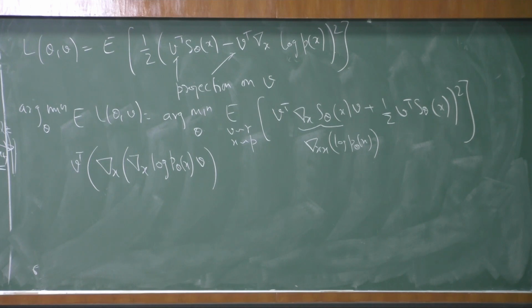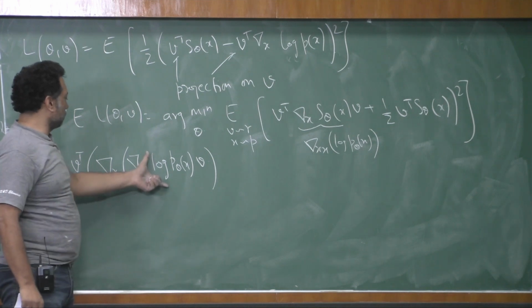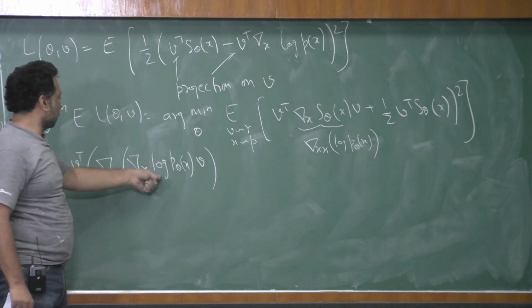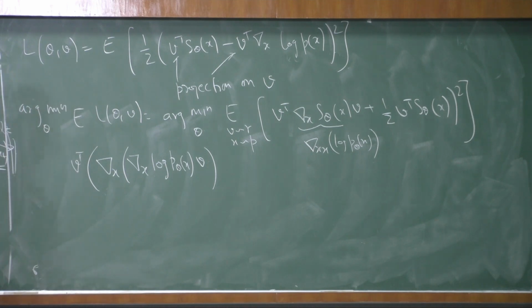The first backprop that I will do will be on this. If I do one backprop, I multiply this with v. So this gradient becomes a number, and then I do a backprop on a number, and I reduce this again with v. The fact that I reduce it to a number makes it lower complexity than this, because there I exploit the fact that there is a product with a vector.